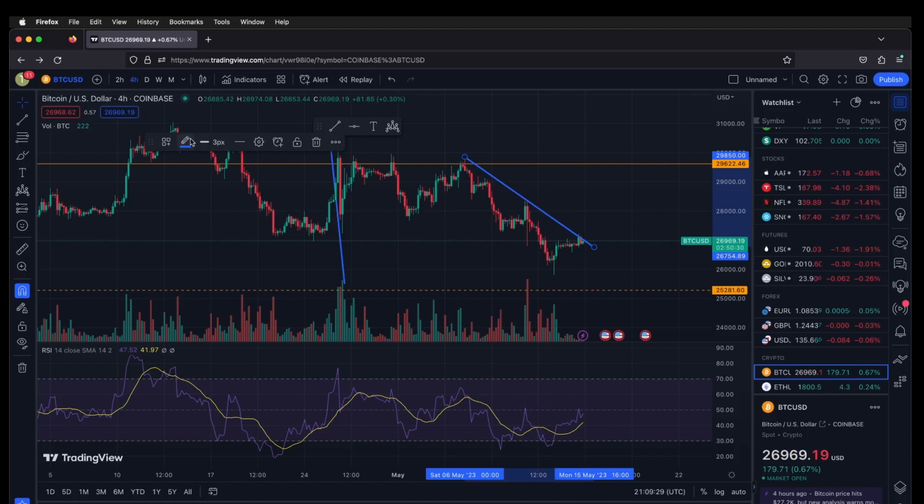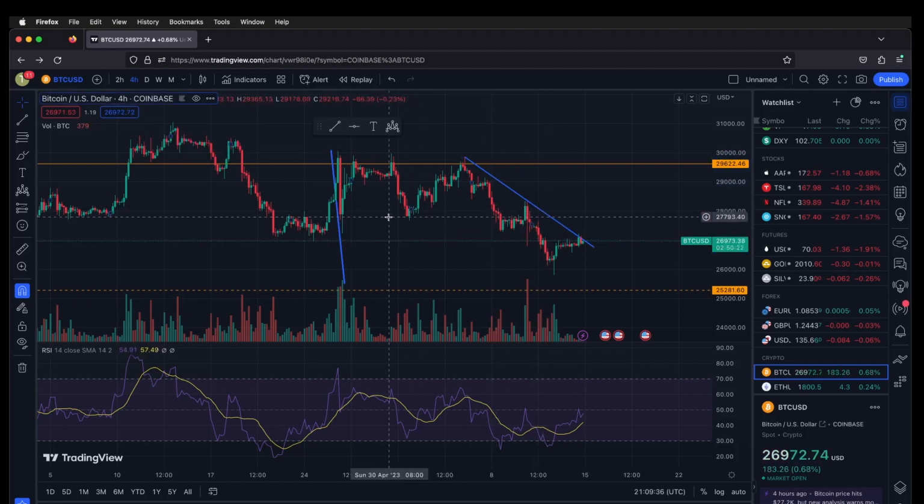And also, I'd like to change the weight of this to a lighter weight trend line. And that's how you do that.